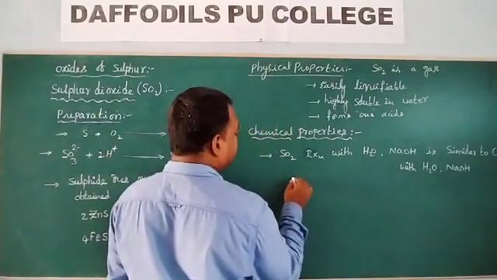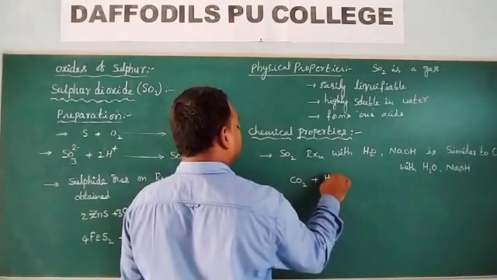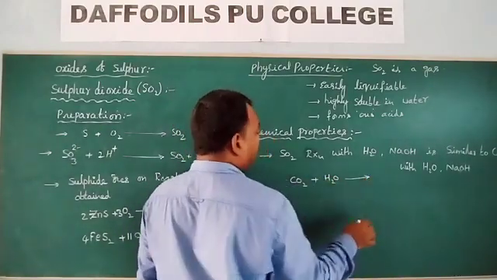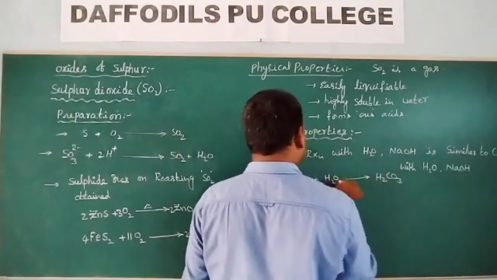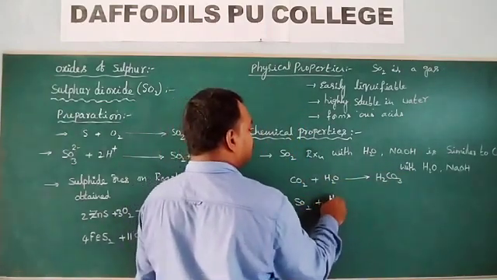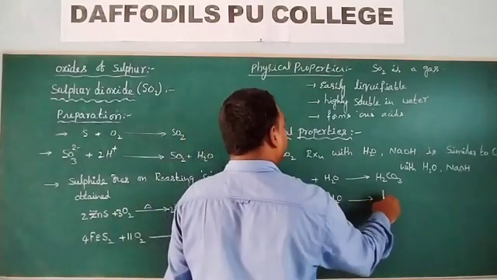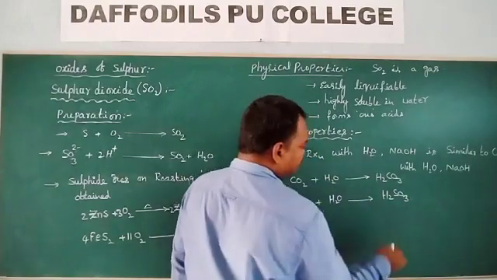For example, when CO2 dissolves in water, you will get carbonic acid, H2CO3. When SO2 dissolves in water, you will get sulfurous acid.